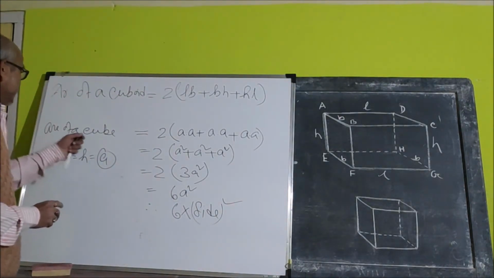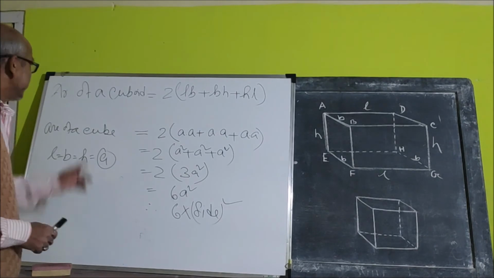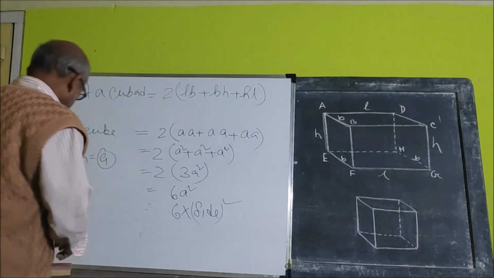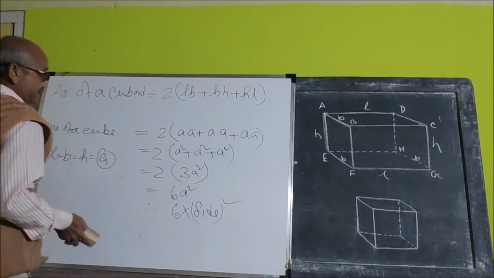It is the area of a cube, whereas the area of the cuboid is that one. It is the one point comparative study.